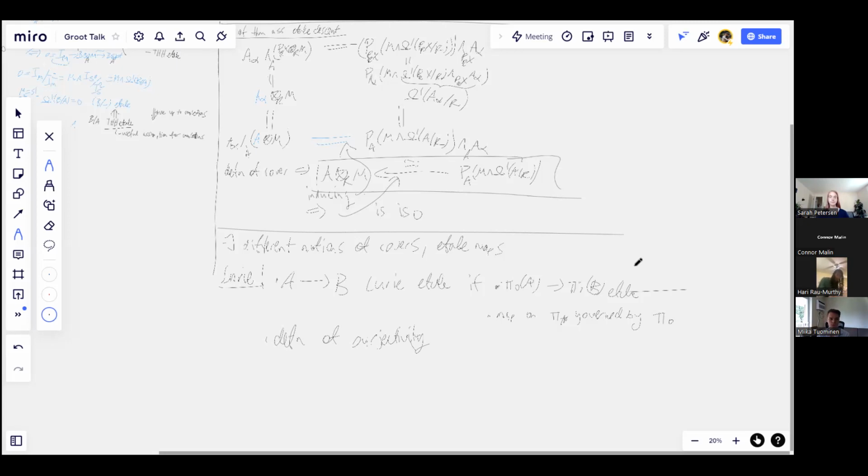K to L is surjective if whenever I have a map from anything, this fiber product here needs to be non-empty. It needs to be non-trivial.